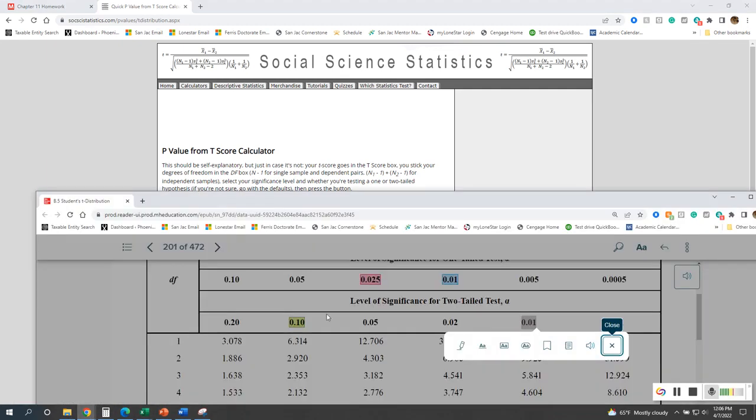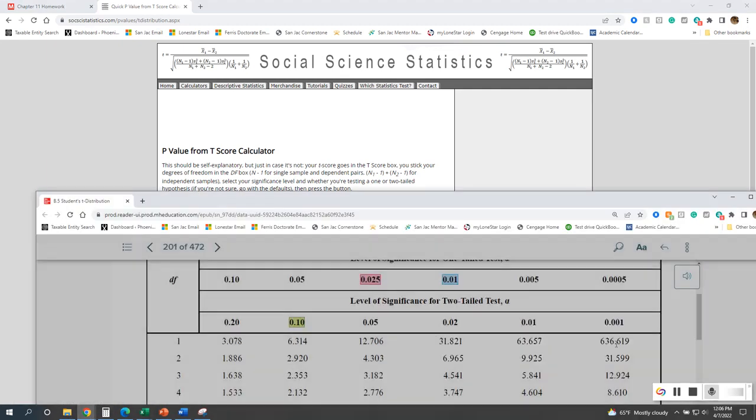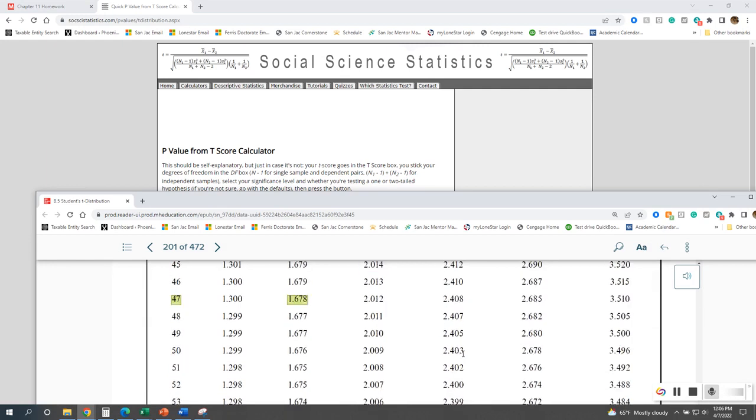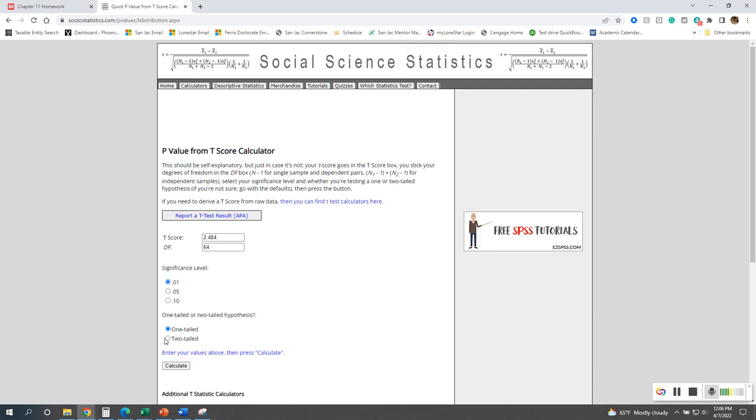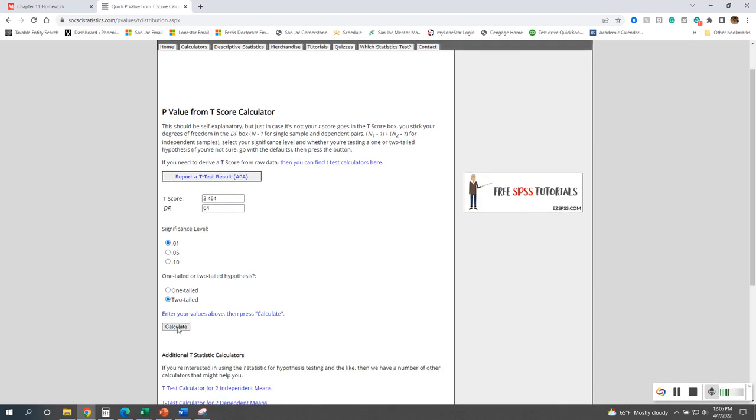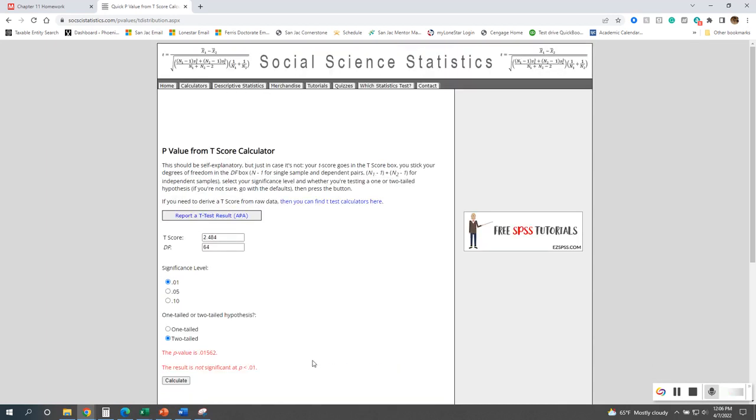Again, we can check with our book. That's all the way, yeah, 64. Let's see if this works. This is a two-tail. So I got 0.01562.